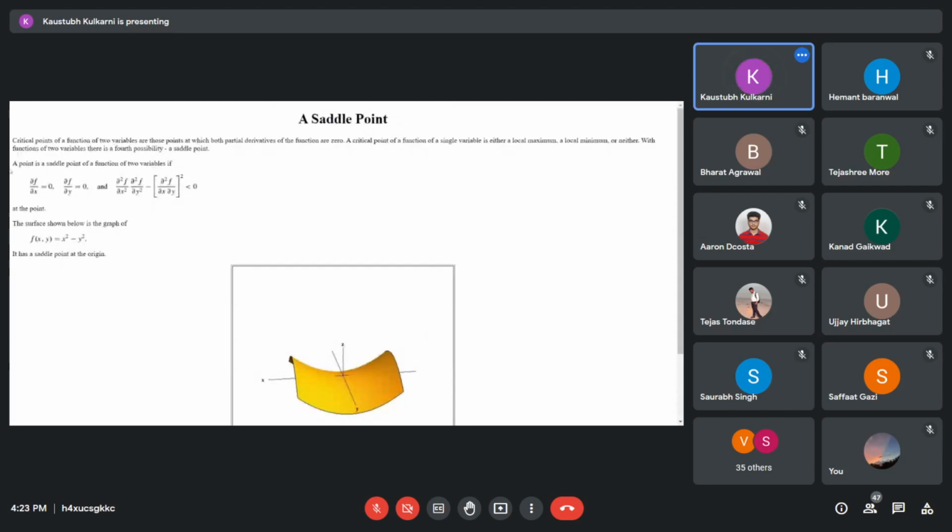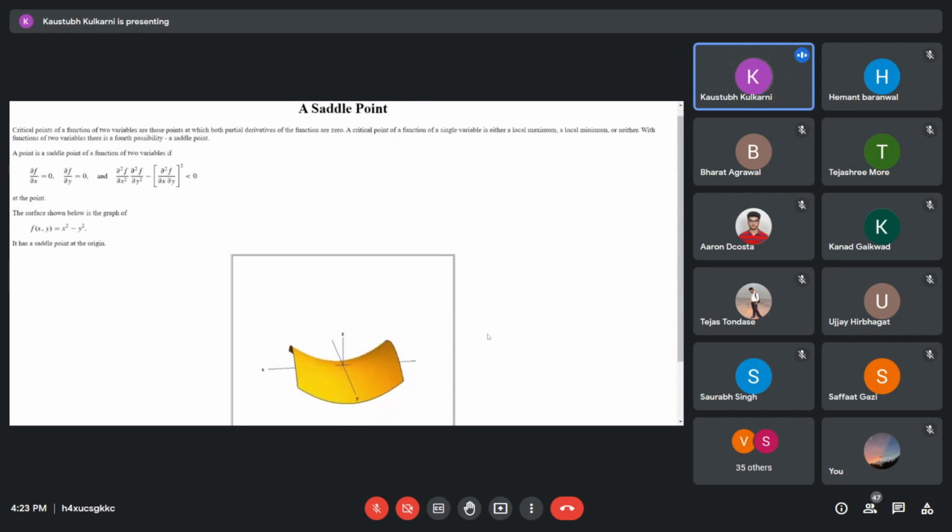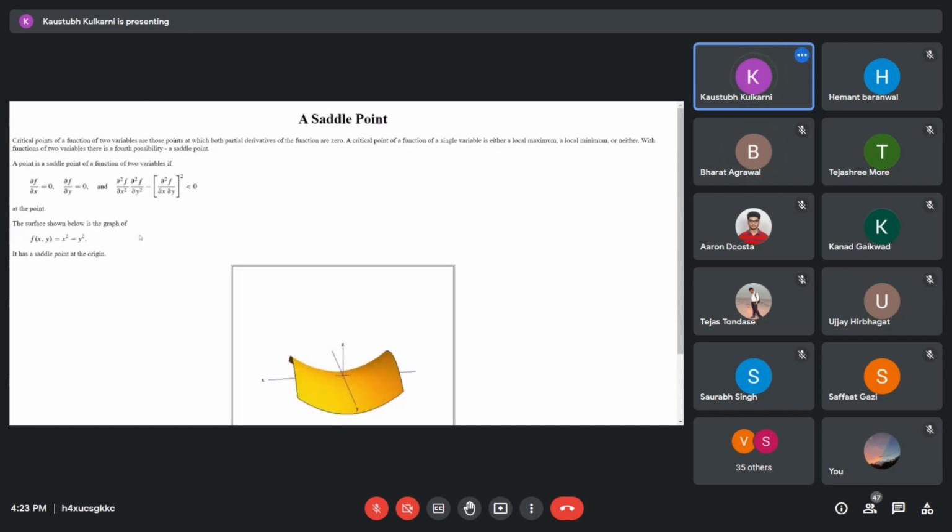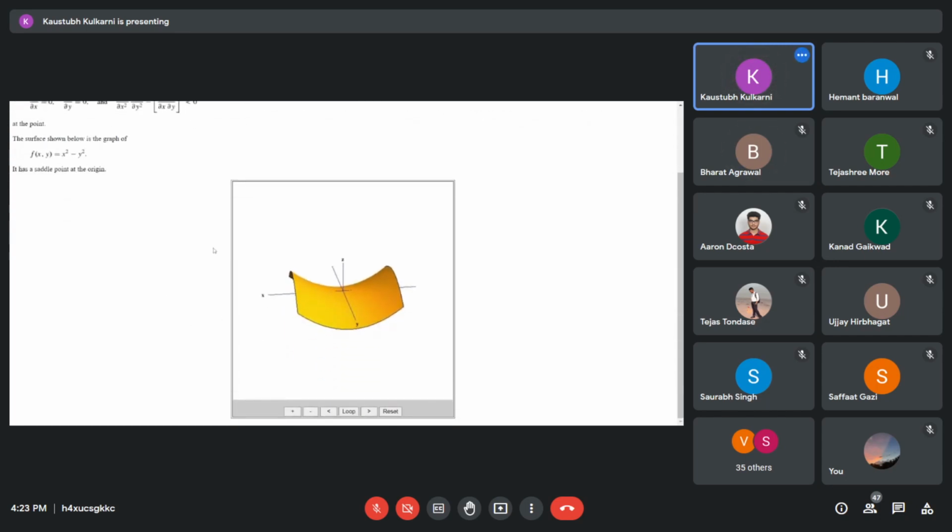Yes, so this is an example of a saddle point. The same tests are given. The equation of this graph is x square minus y square, or the other way around, y square minus x square, which will just flip it down. If you see, it looks like a saddle on the back of a horse. That's why it is called a saddle point. The saddle point is at the center, that is the vertex 0 comma 0.